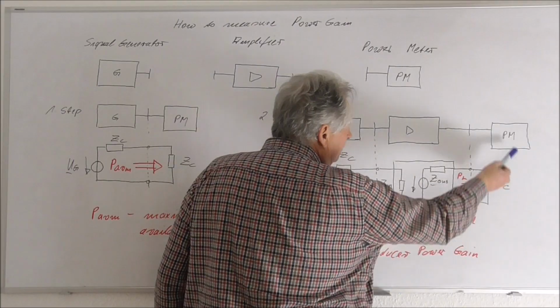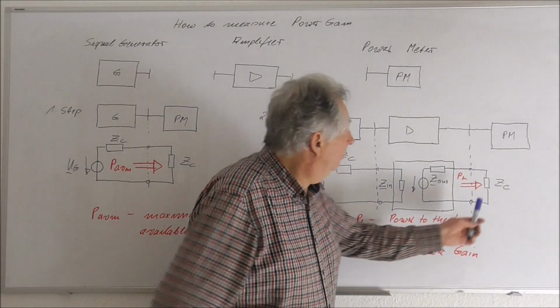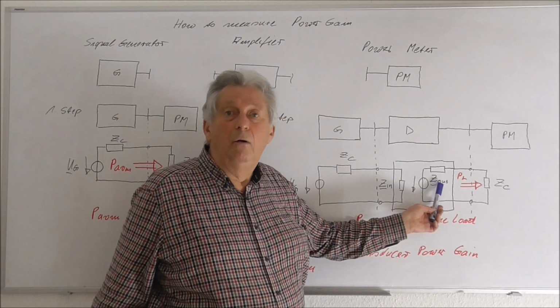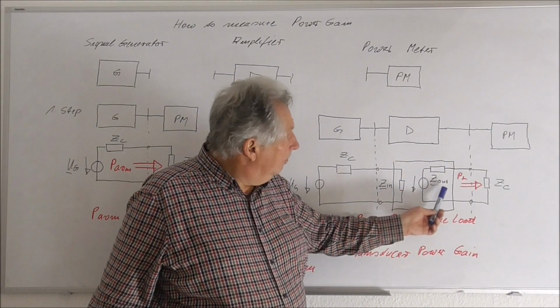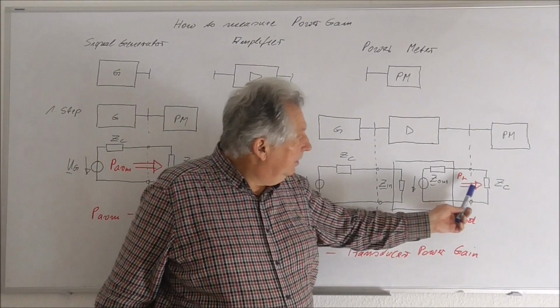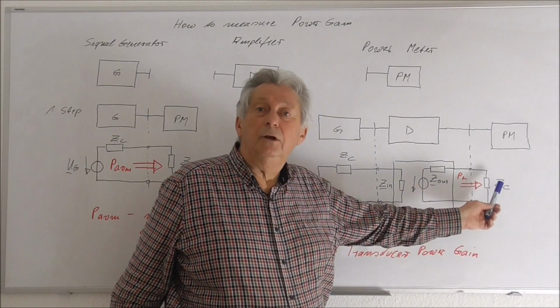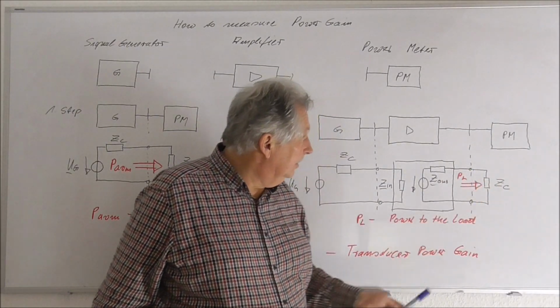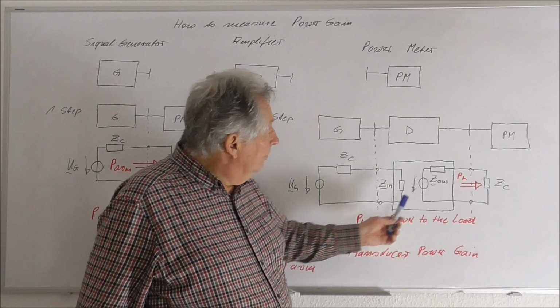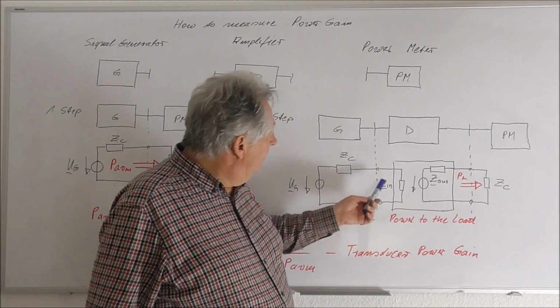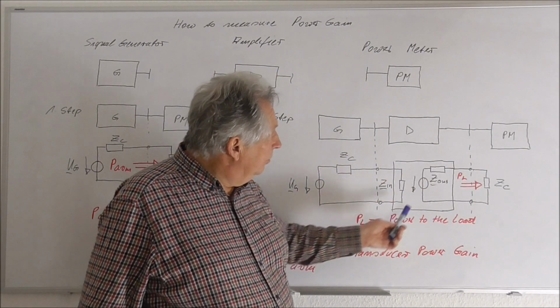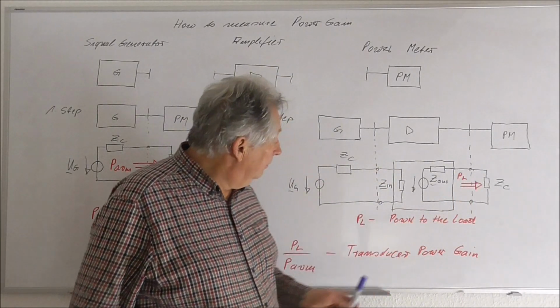Also in the general case, the output impedance of our amplifier will show a complex value, and it will not be identical to the characteristic impedance of the power meter. And what we measure here is just the power to the load. So we will have a mismatch at the input and a mismatch at the output.